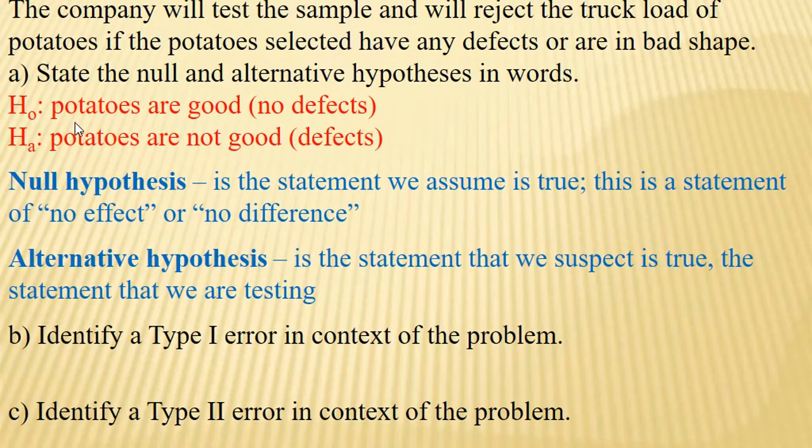So write down, null hypothesis: potatoes are good, no defects. The alternative, however, is what we're trying to test. We're going to test to see if the potatoes are bad. So potatoes are bad, not good, or they do have defects, because that's what we're trying to test. That's why we took a sample to begin with. We want to see if the potatoes were bad. So that's the hardest part. We'll just have to practice writing the null and alternative.